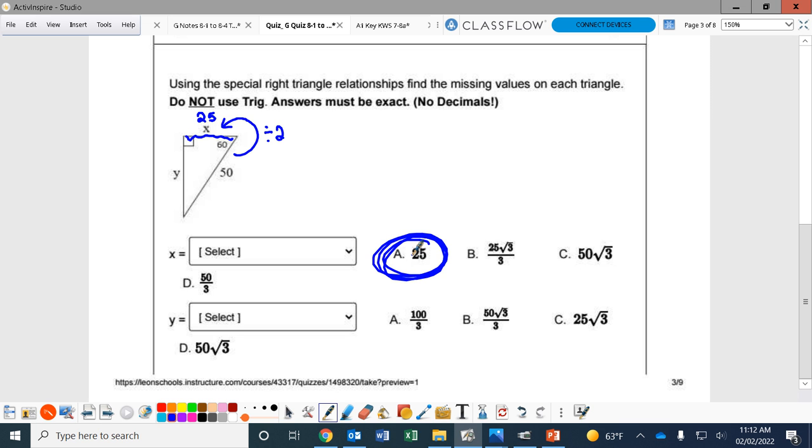We're just dividing it in 2, guys. Then to go from the short leg to the long leg, you multiply by radical 3, makes it 25 square roots of 3, which is C. Questions, concerns, anything?